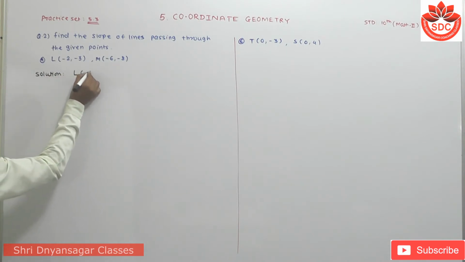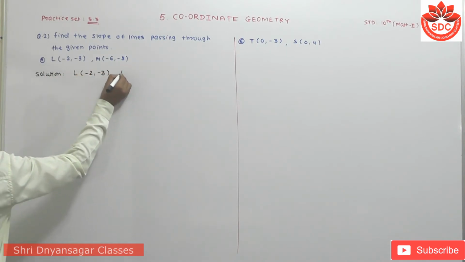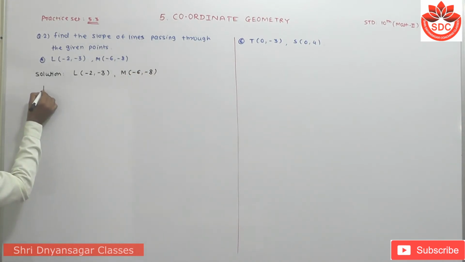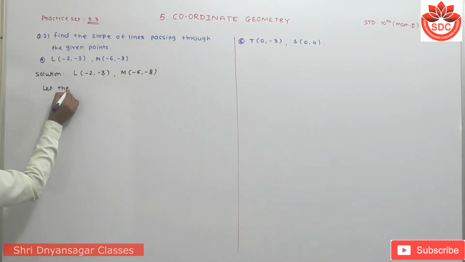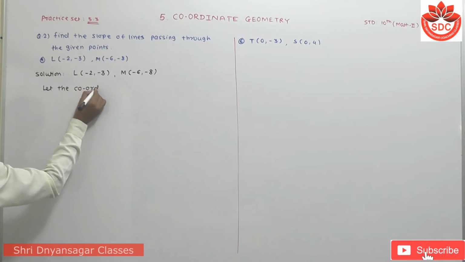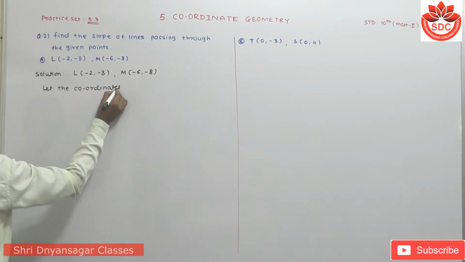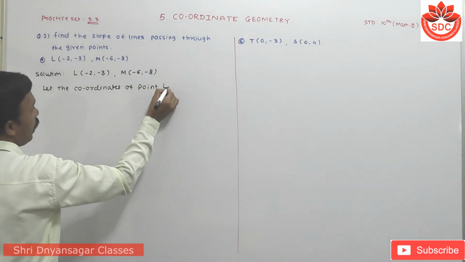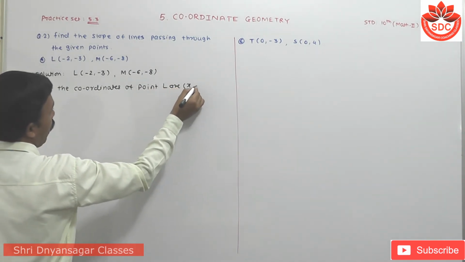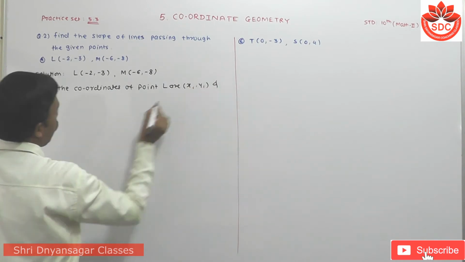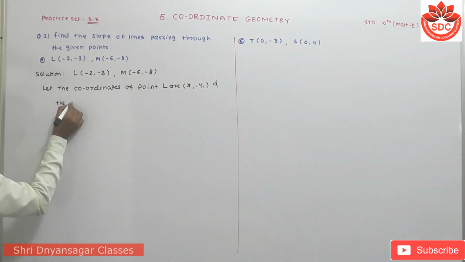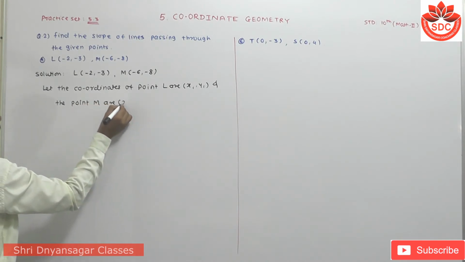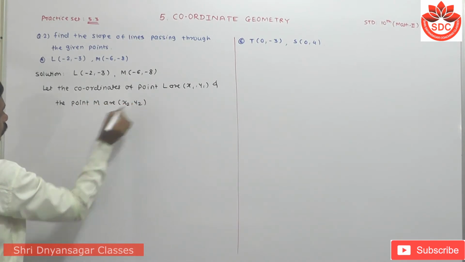L having coordinates minus 2, minus 3 and M having coordinates minus 6, minus 8. Let the coordinates of point L be x1, y1 and the point M be x2, y2.